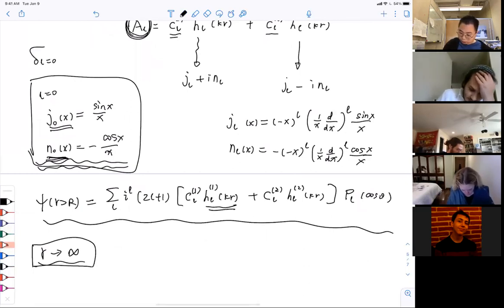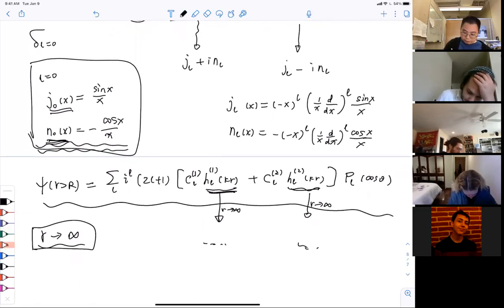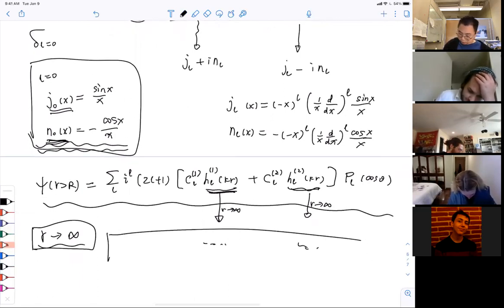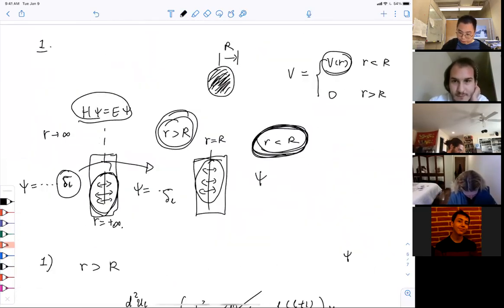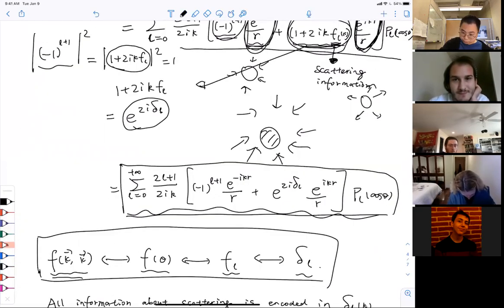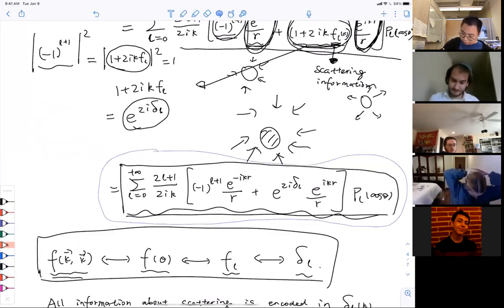Basically, we need to approximate these functions with some expressions, because when we take r to infinity, there are expressions we can use, and match them with the expression we obtained in this place.